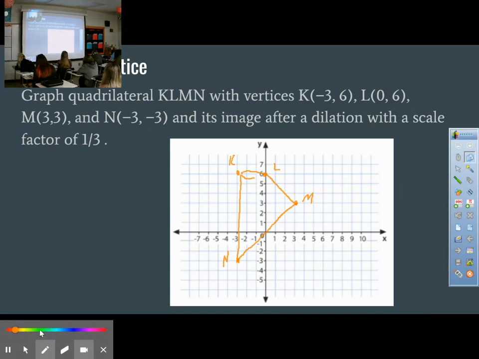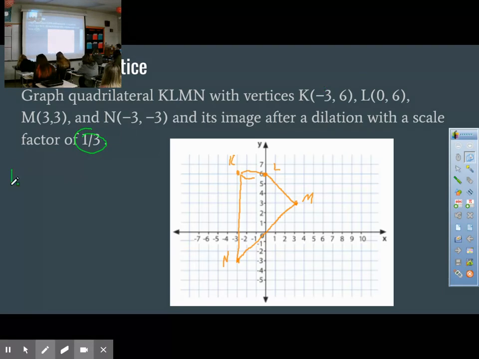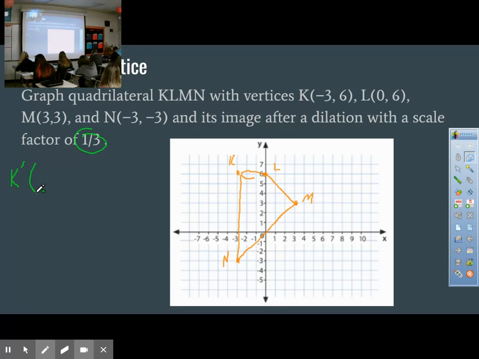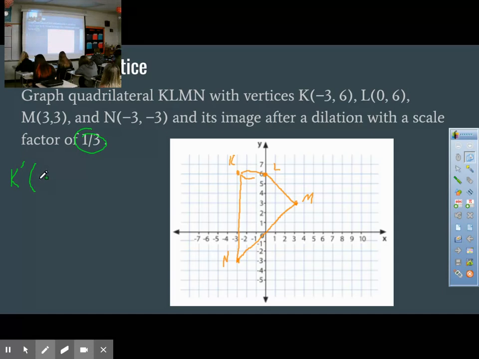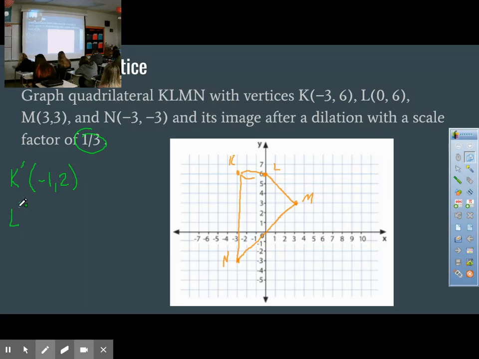Now use your scale factor of 1/3, and you would go through and multiply each of these numbers by 1/3. So K prime, (-3, 6). What would be those new coordinates if I multiplied them each by 1/3, Abby? (-1, 2). Perfect. And then L prime, which is (0, 6).